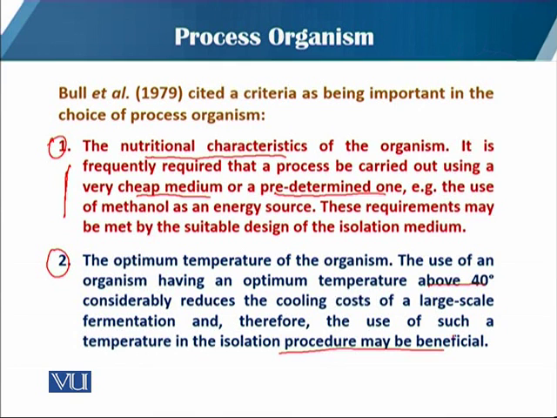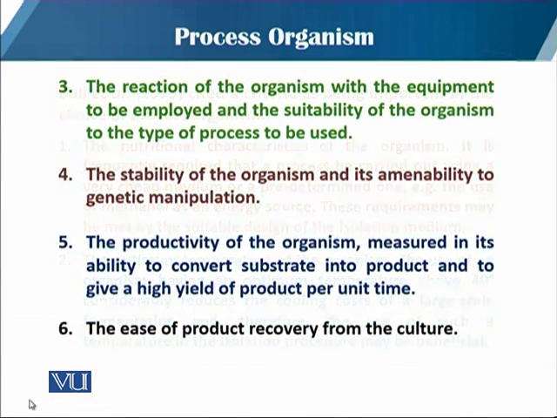If we take the example of Pakistan, where the temperature mostly remains above 25 degrees Celsius, we have to select organisms accordingly, so that it is easy to maintain the temperature and less cost is involved in temperature control.